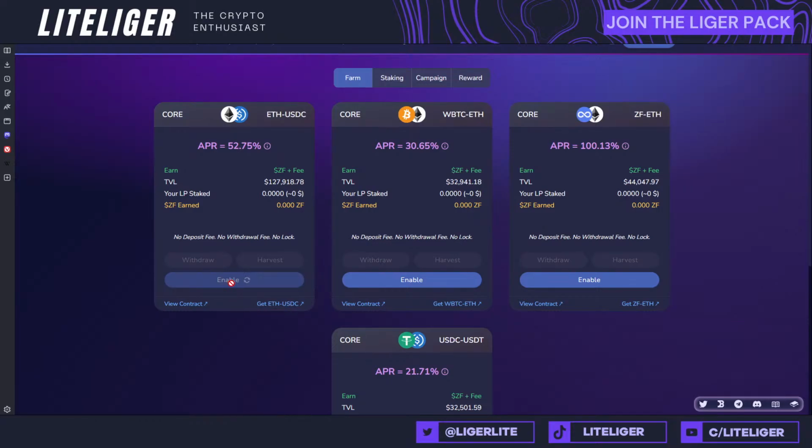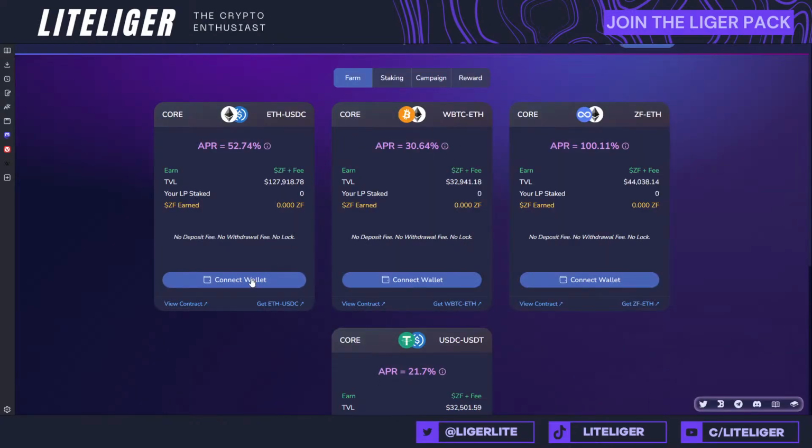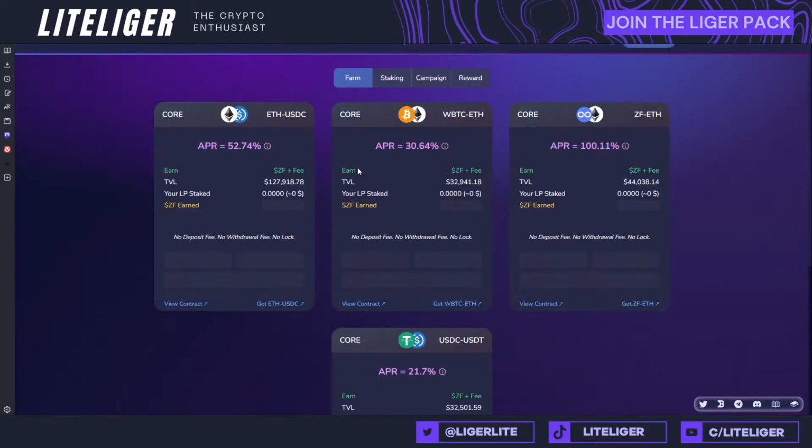After we have enabled it, I think we are going to be doing the deposit. Okay, it's still showing us the enable. And now we are going to be doing the... no deposit, no withdrawal, no lock.